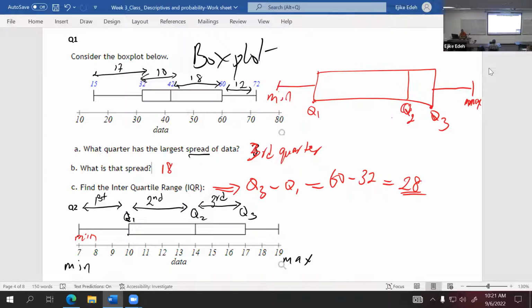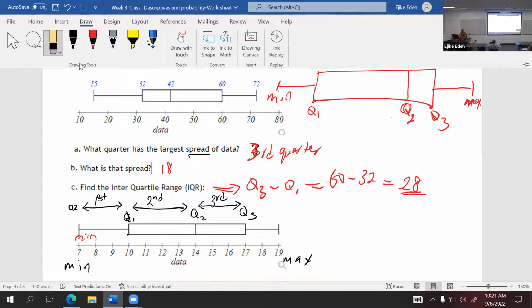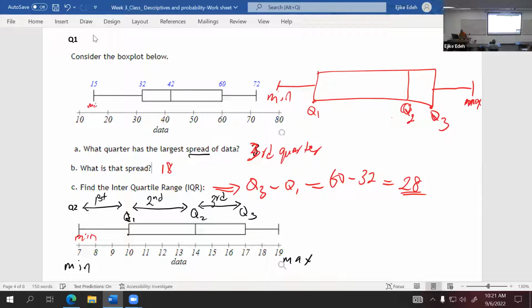But for question 1, the spread is just talking about the gap between these data. So let's repeat that part again. What is the gap between the data points? We know that this is the minimum, this is Q1, this is Q2, and this is Q3, and this is the maximum. The question asks which quarter, because this is divided into 4 quarters.